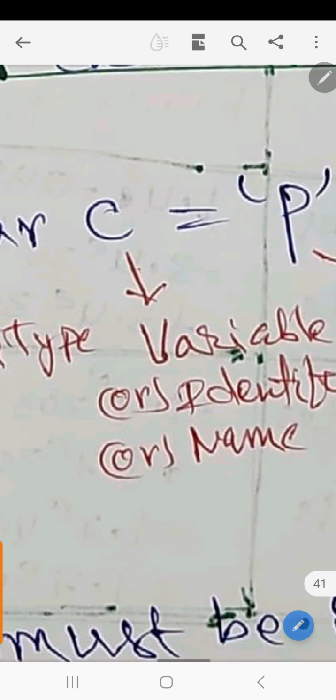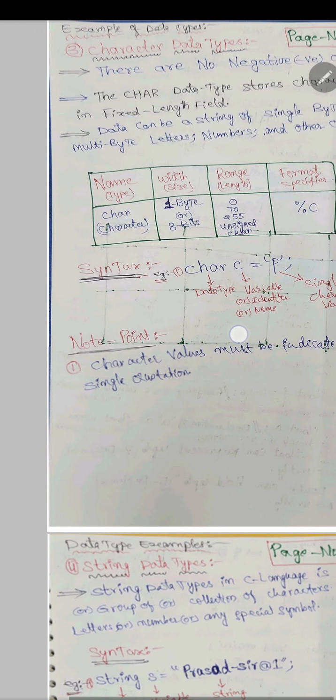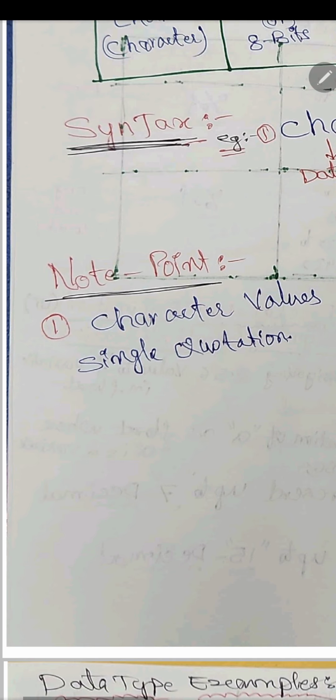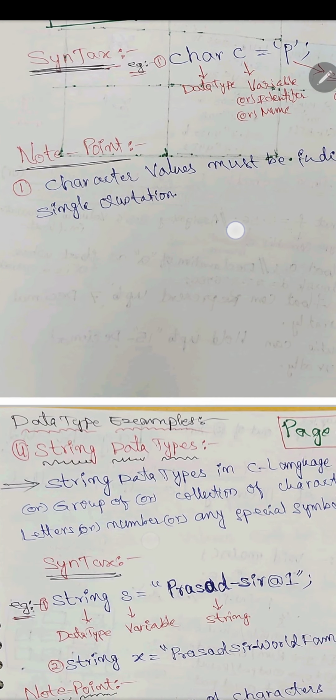Here char is a data type, I mentioned it in blue, and c is a variable, you can mention c, a, b, x, y, z, anything, it is an identifier or name. P is a single character, we need to mention it in single quotes, that is the note point. A character value must be indicated with single quotation.